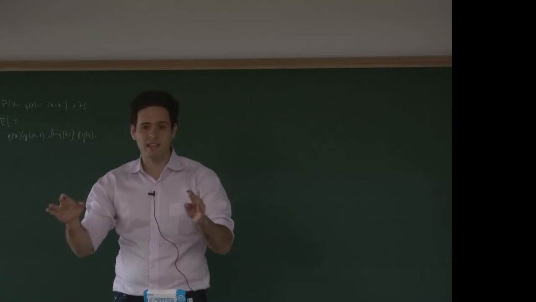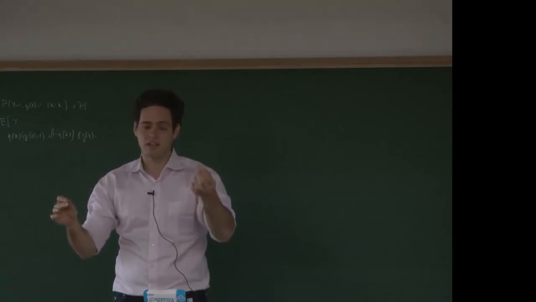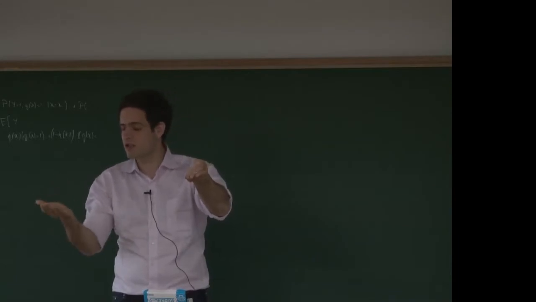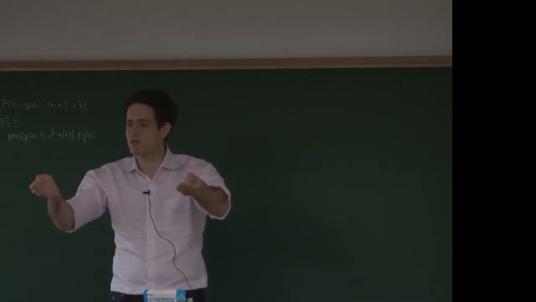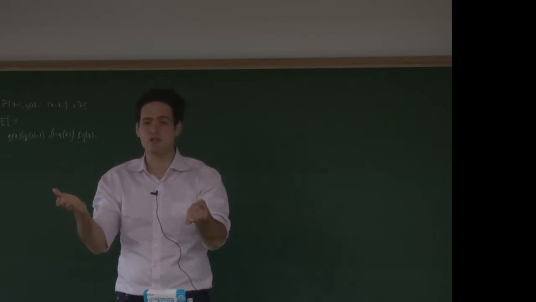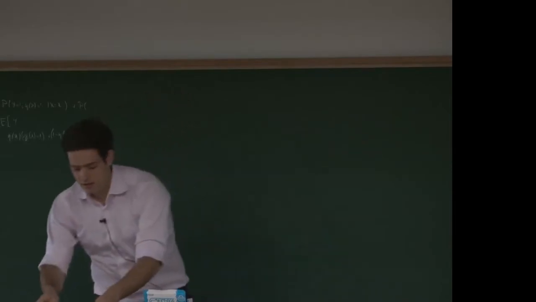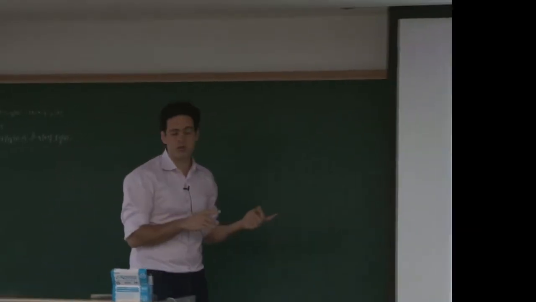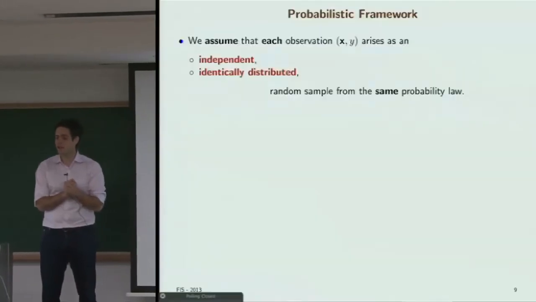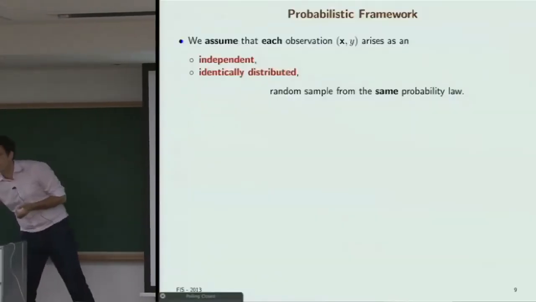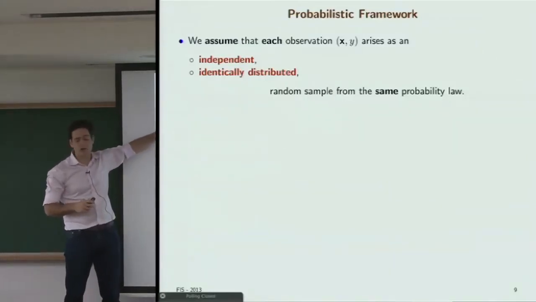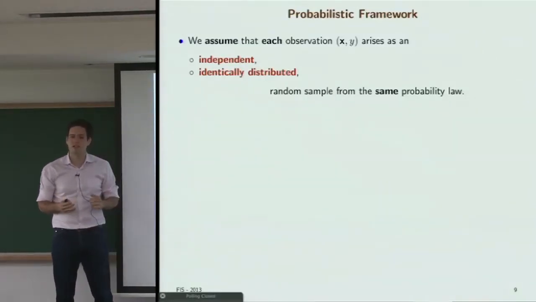But they will not be identically distributed, because as I told you, this one is more likely to have a head, and this one is more likely to have a tail because it's maybe bent a bit. The shape is a bit strange. So in that case, I can have independence, but not identical distribution, okay? So if you assume both independence and identical distribution, then you can work with a lot of the statistical learning theory framework. Again, those two are not equivalent, right? They are two different ideas.